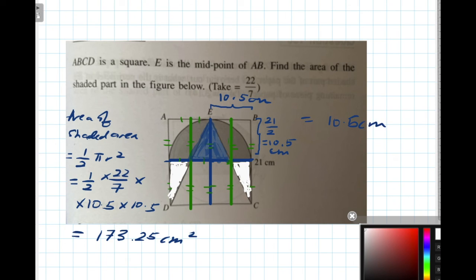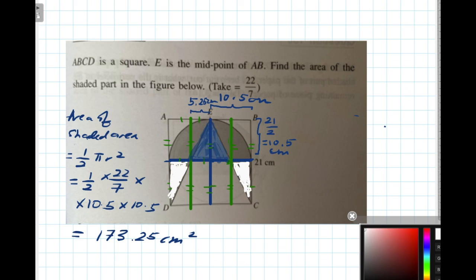What about this 9 here? This 9 here is actually 10.5. Here is 10.5 divided by 2, which is 5.25 centimeter.